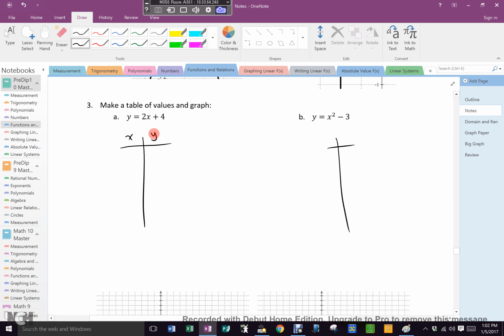Now, I don't know if you remember grade 9, but I'm going to remind you. Whenever you make a table of values, you need to do at least 3. After this year, you're going to want to do 5. You need 5 independent variables to sketch a graph.